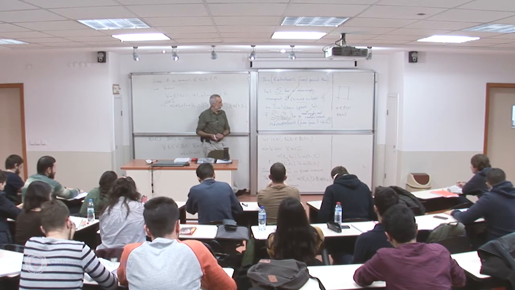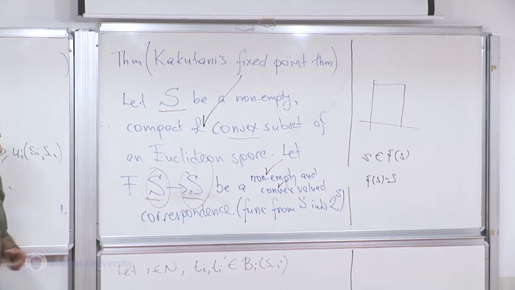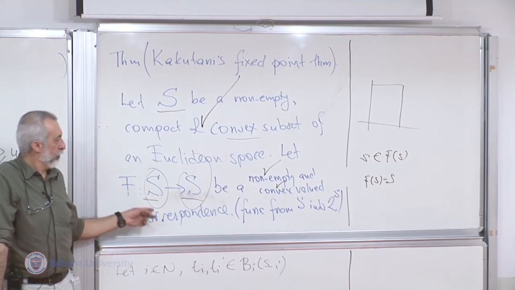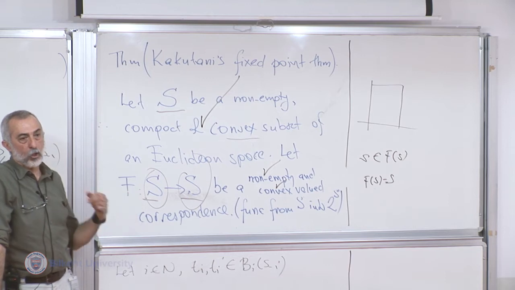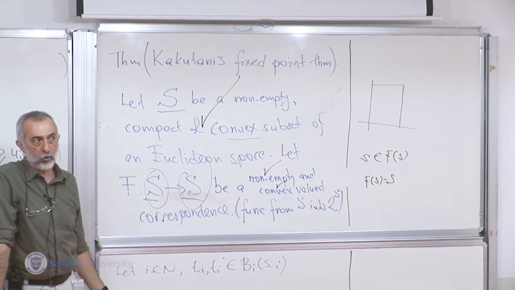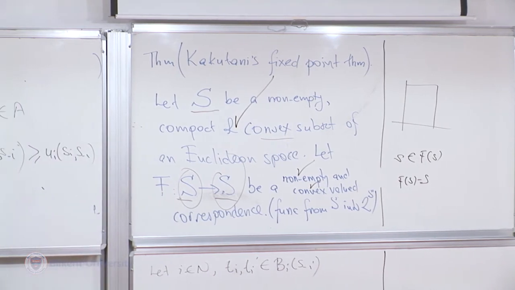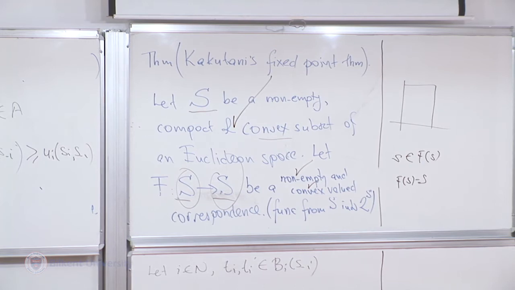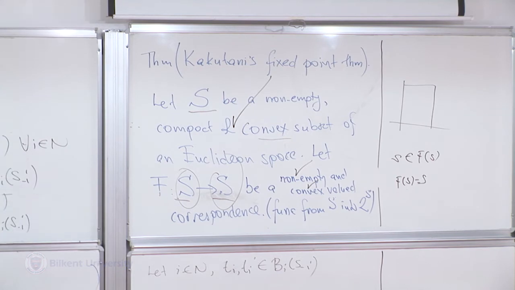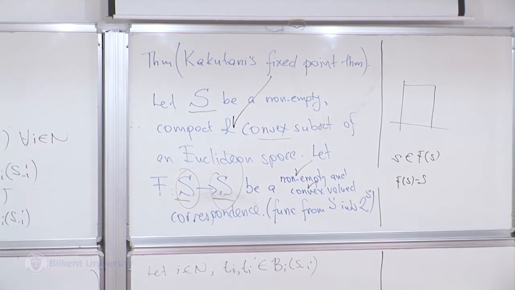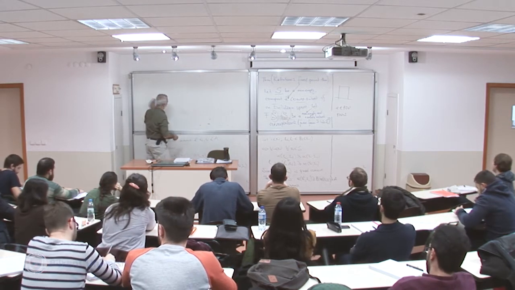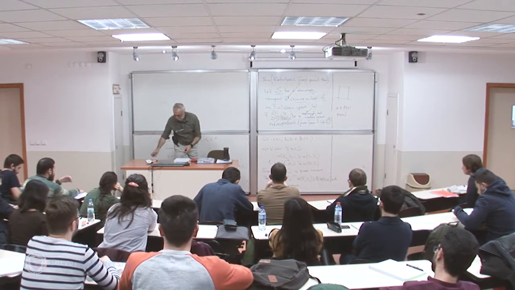correspondence is convex valued. So the next thing we have to show is the graph of B is closed, is a closed set. Okay? That's what we have to show. So how do you show that? So this time, okay.